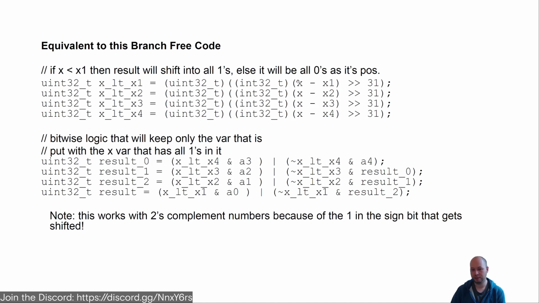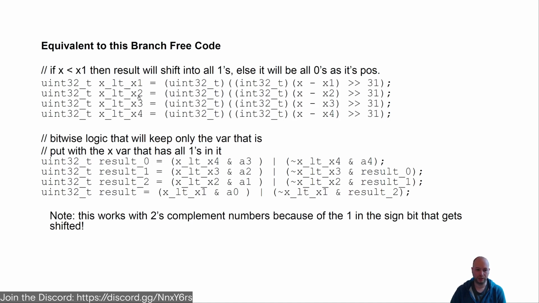We're taking the difference between x and that particular value, and then we shift all into the ones. What we're doing here is determining whether the sign bit of this is 1 or 0, which tells us if x is less than x1. If so, the result is going to be less than 0, and that sign bit will be 1.